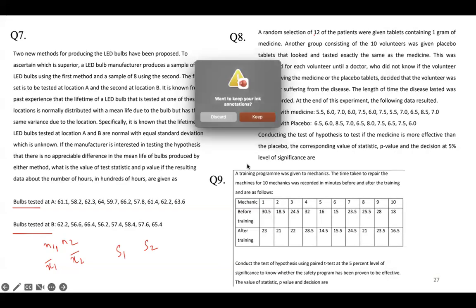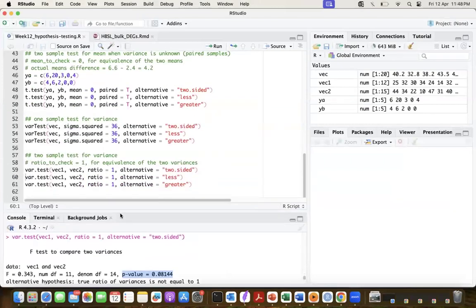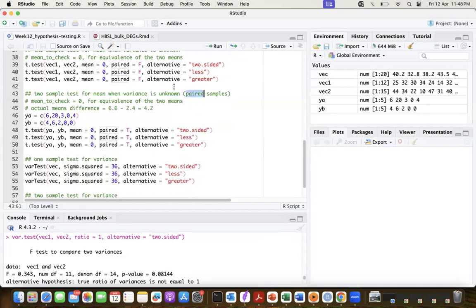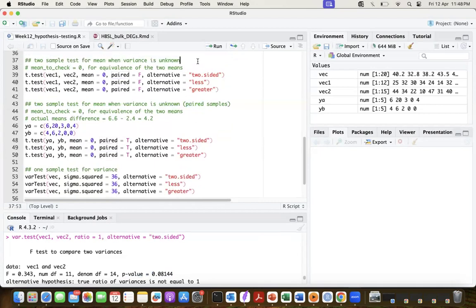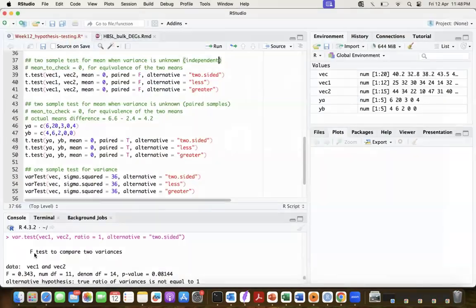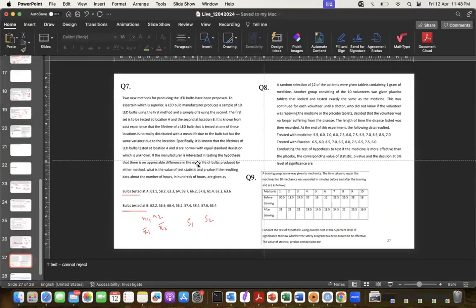Because if you remember, when you're doing a t-test, two sample for mean when the variance is unknown, you can either have paired samples or independent or unpaired samples. So depending on what the question asks, you can have these two cases.